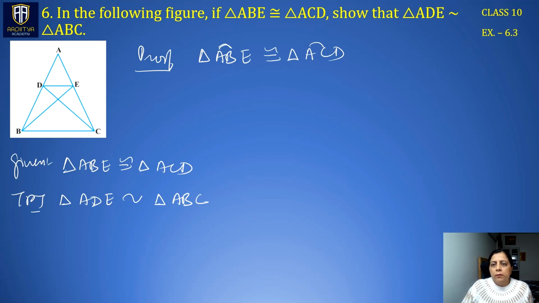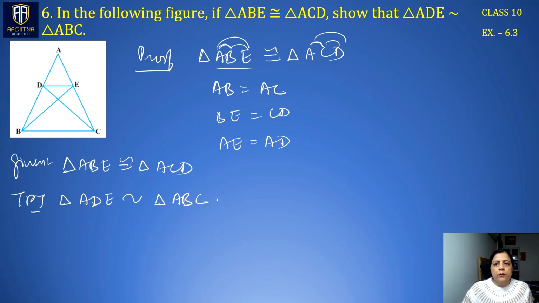So AB is equal to AC, right? BE is equal to CD and AE is equal to AD.